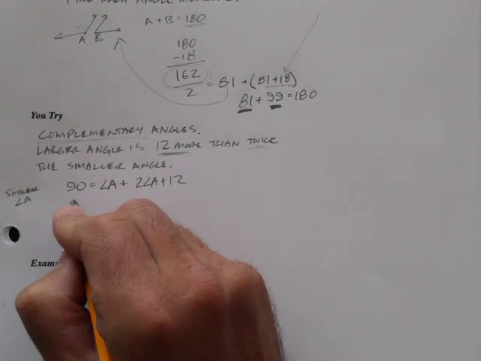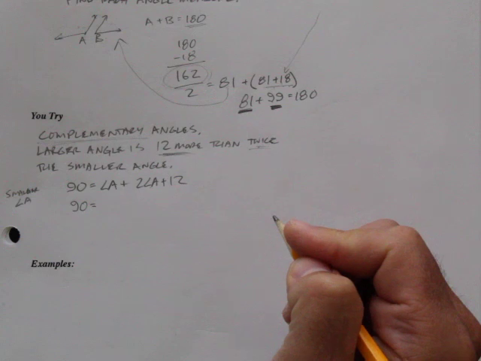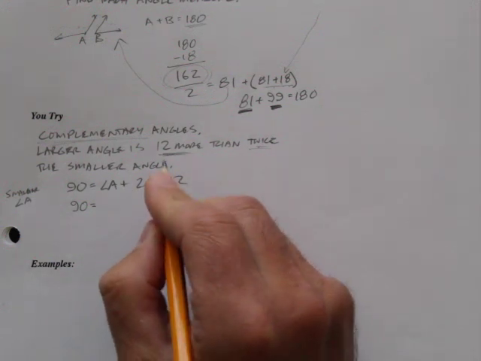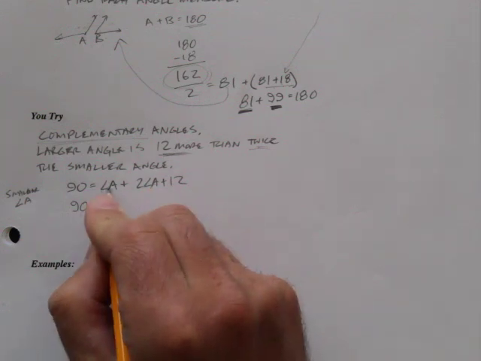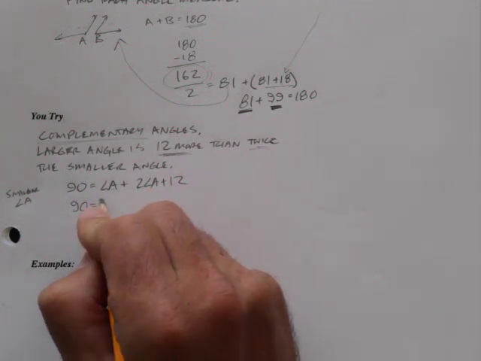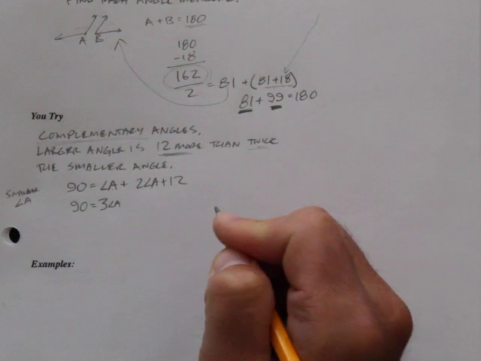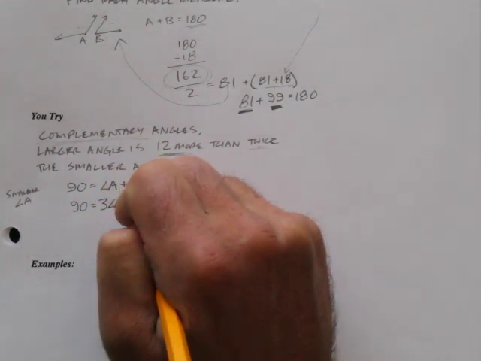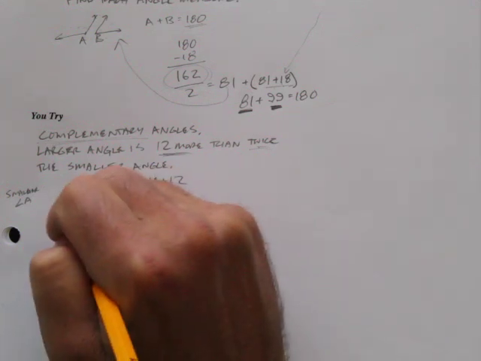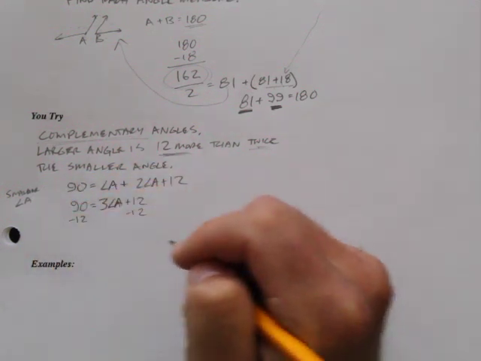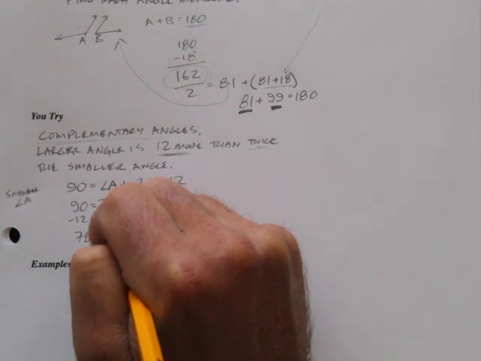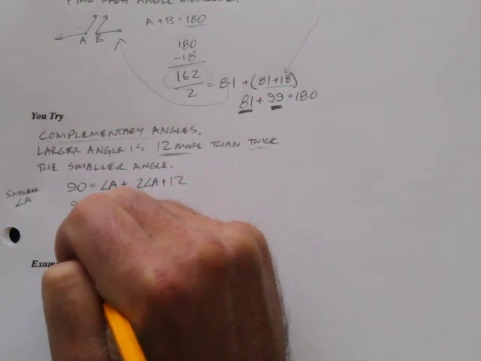So I've got 90 equals 2 times angle A plus 1 angle A. That'll give me 3 angle A plus 12. Subtract 12 from both sides. This will give me 78 equals 3 times angle A. I divide both sides by 3.